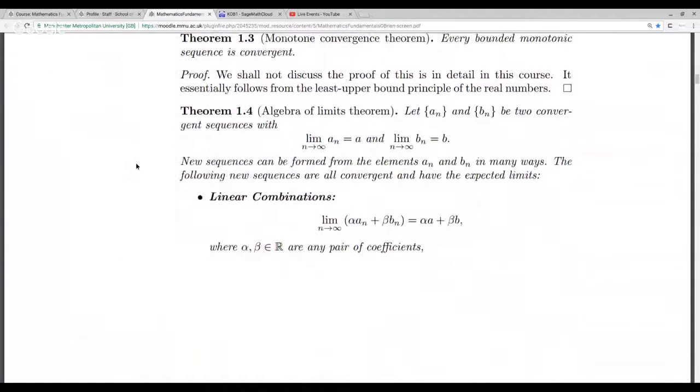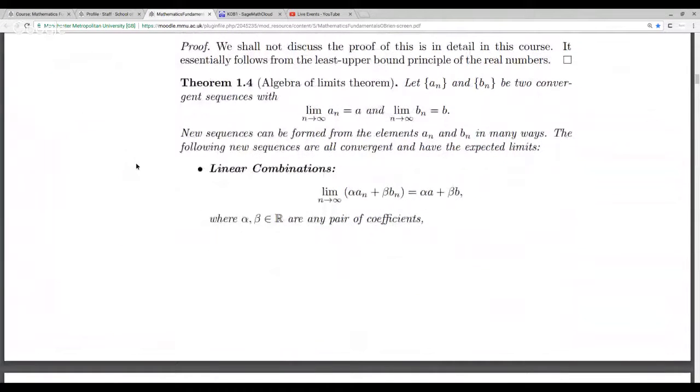And then the last result in this section is what's called the algebra of limits theorem. This tells us how convergent sequences behave in relation to the operations of addition and multiplication. If you look at the preamble to the theorem, it says, suppose we've got two convergent sequences, an and bn, with limits a and b respectively.